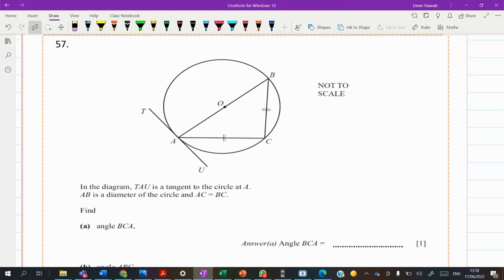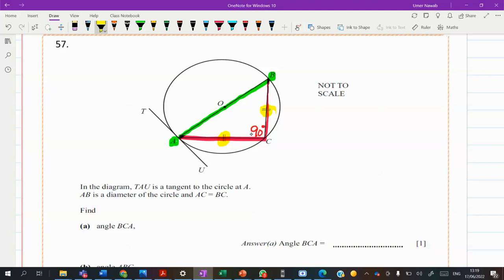Question number 57. You can easily see here there is a diameter, and if there is a diameter, then the endpoints of the diameter, if they are joined anywhere on the circumference, we always get a 90-degree here. Secondly, isosceles triangle.